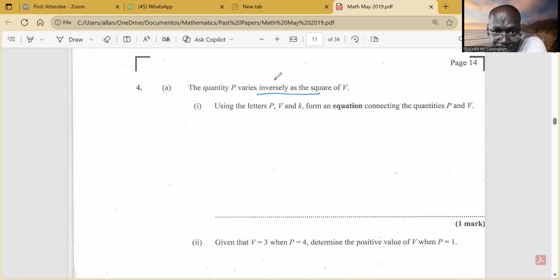Remember we said what inverse means: 1 over that value, as the square of V. So what is the inverse of V squared? 1 over V squared. So that's why we're going to put P is proportional to 1 over V squared. Continue to read.